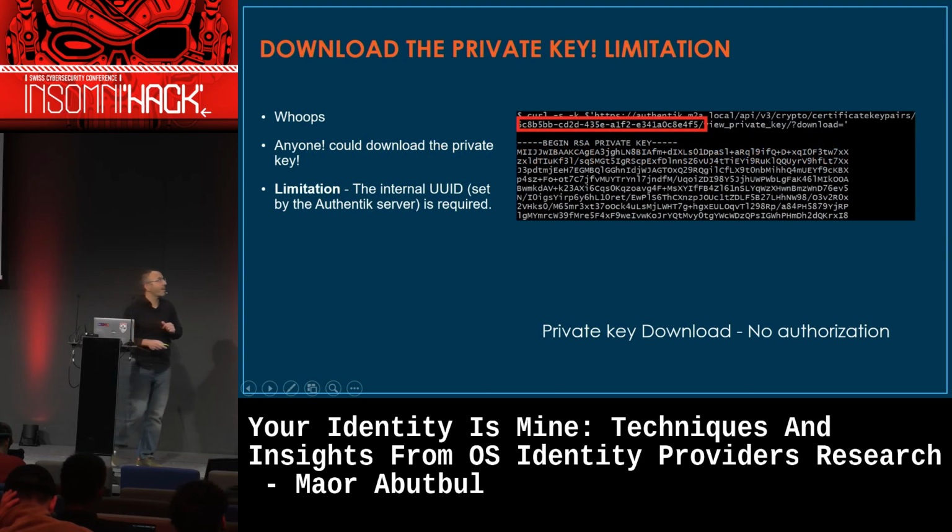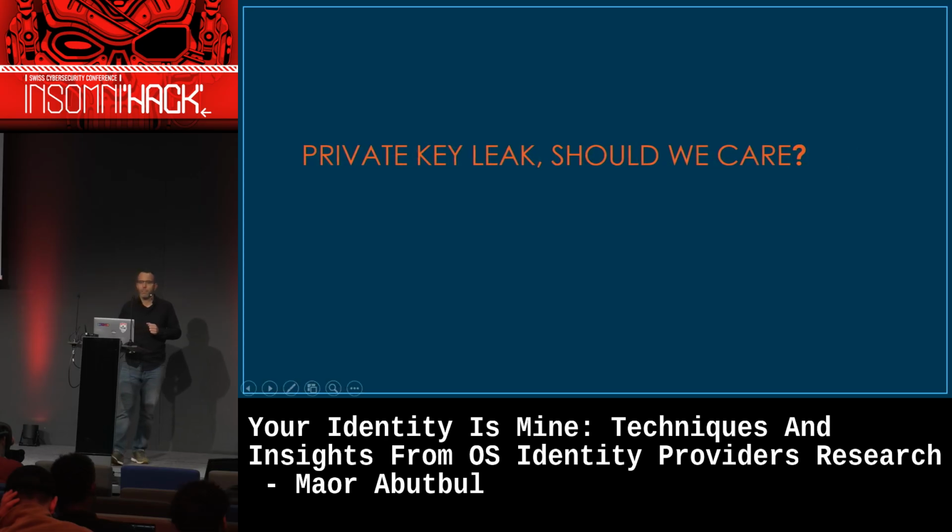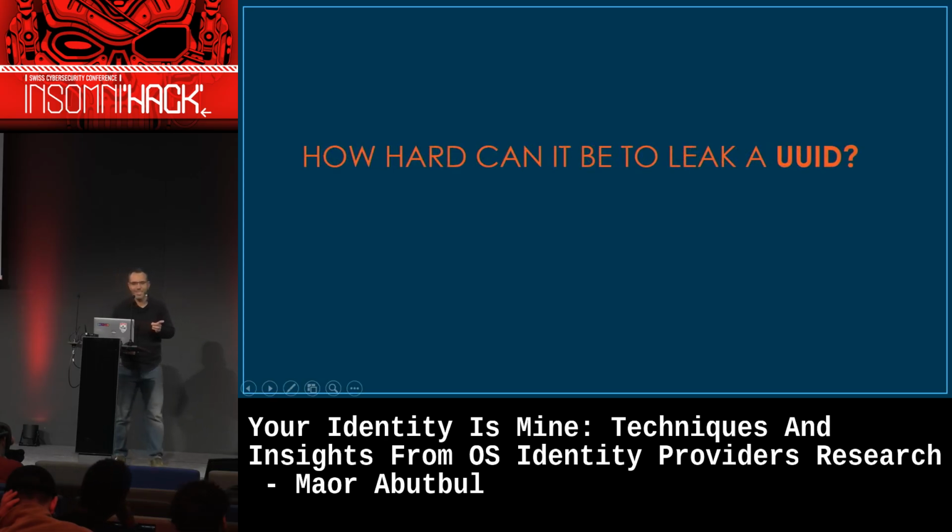But we do have a limitation here. The internal UUID set by the Authentik server itself is required for this request. Here we were thinking, how hard can it be to leak a UUID? But before we dive into this question, let's see if we should care.